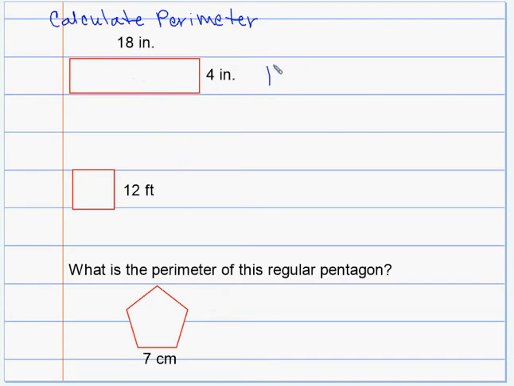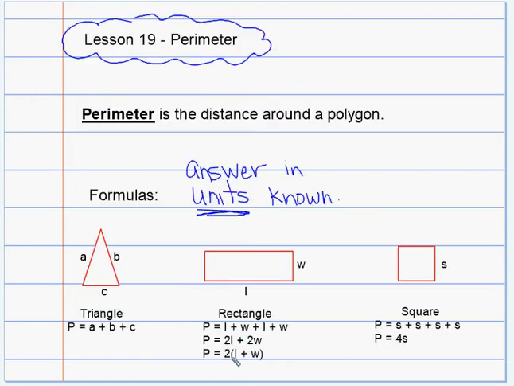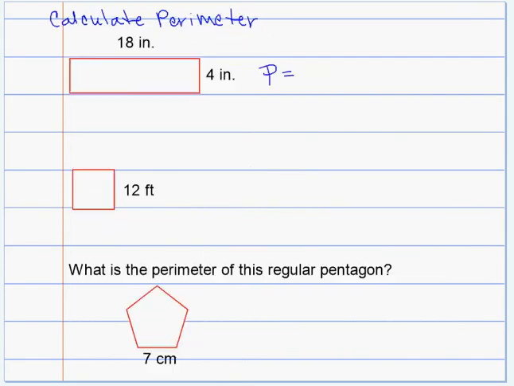So it's going to be P equals, and which one do you want to use? That's up to you. I like this one, or this one. Depends on what numbers I have. I use them interchangeably. But they're more efficient than just adding up length plus width plus length plus width.